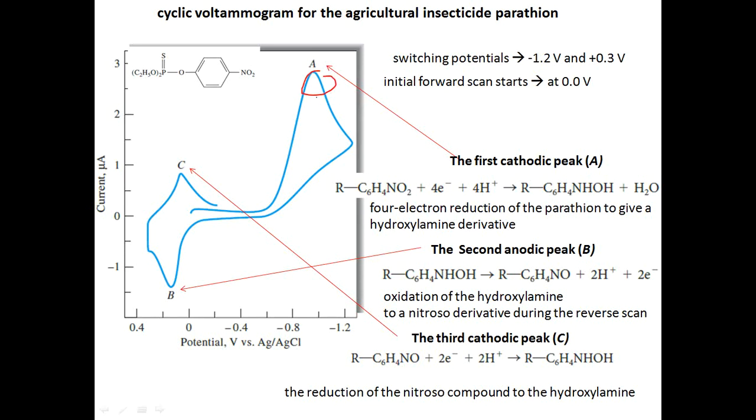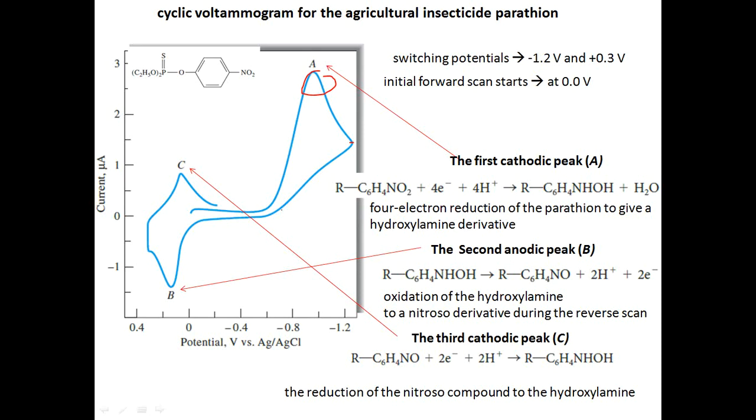Then the potential decreases and you get a potential switch at this particular region, that is minus 1.2 volts. Here the cathodic current is reducing. Reduction has completed. From here the potential is switched, and there you see a second peak at B.